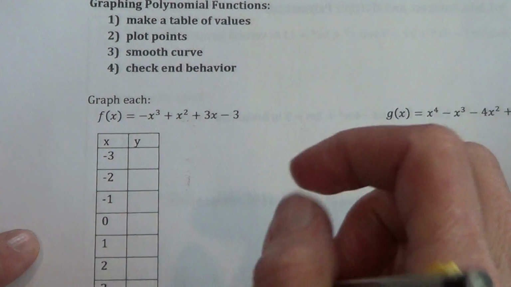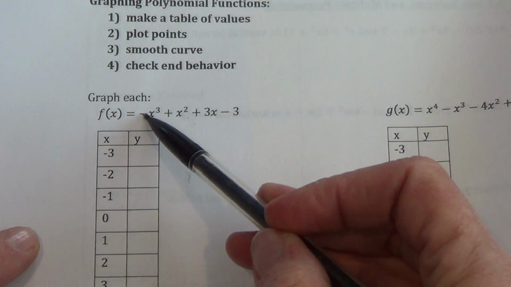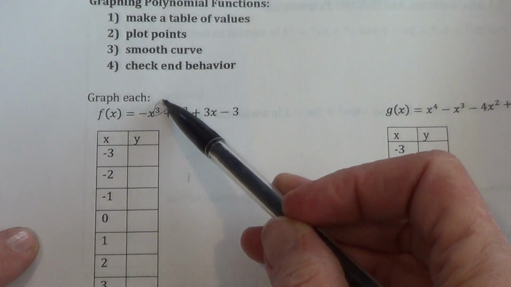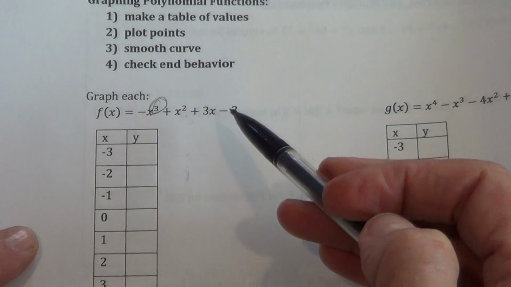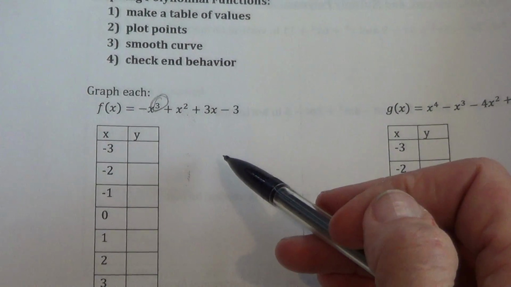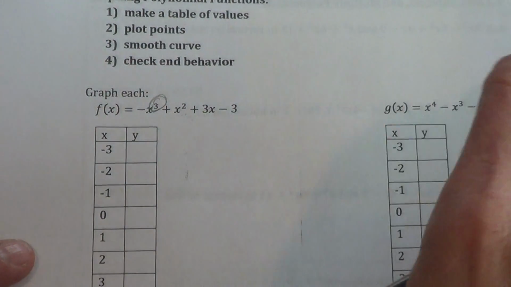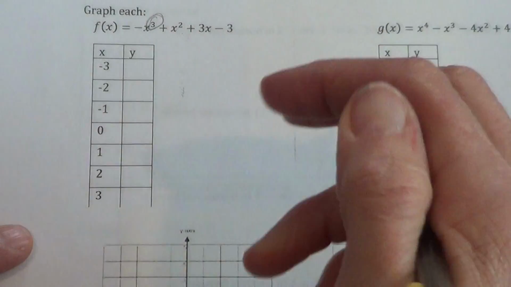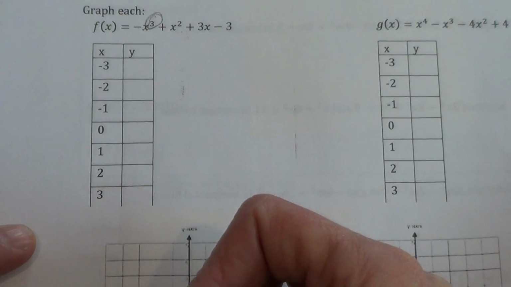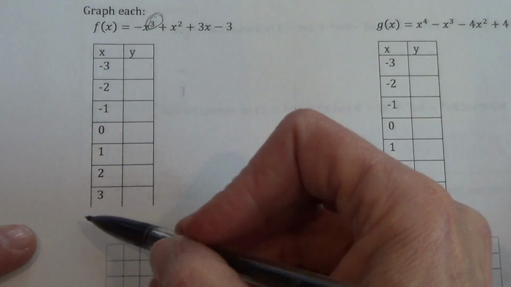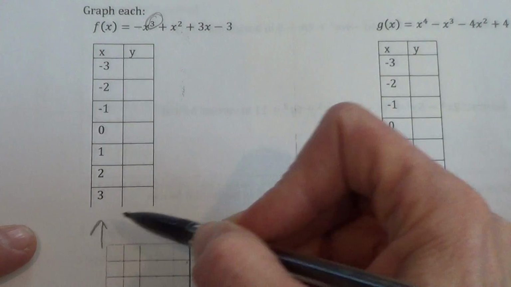If we look here, we have got a negative, and it's the cube root or odd root. And so we know that as x approaches negative infinity, y is going to be coming up this way.